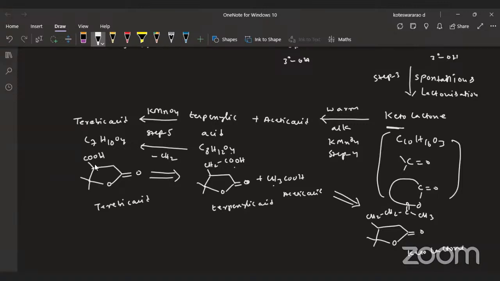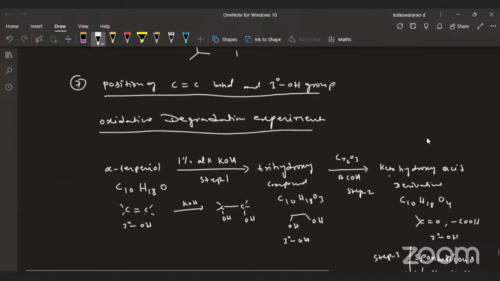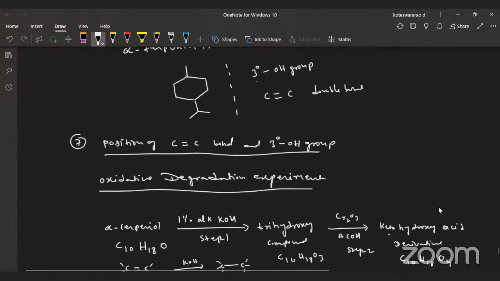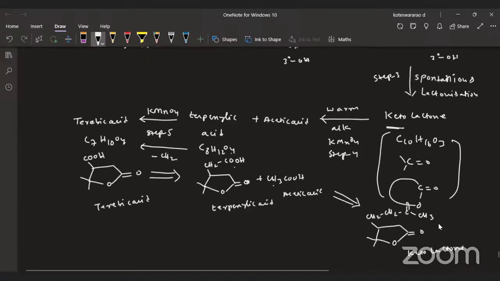Now, the ketolactam is generated from the spontaneous lactonization of this ketohydroxy acid. Then, what is the structure of the ketohydroxy acid? The ketohydroxy acid is, just open up this lactam ring. I'm breaking it down, minus H2O. That means the same water molecule is added here.